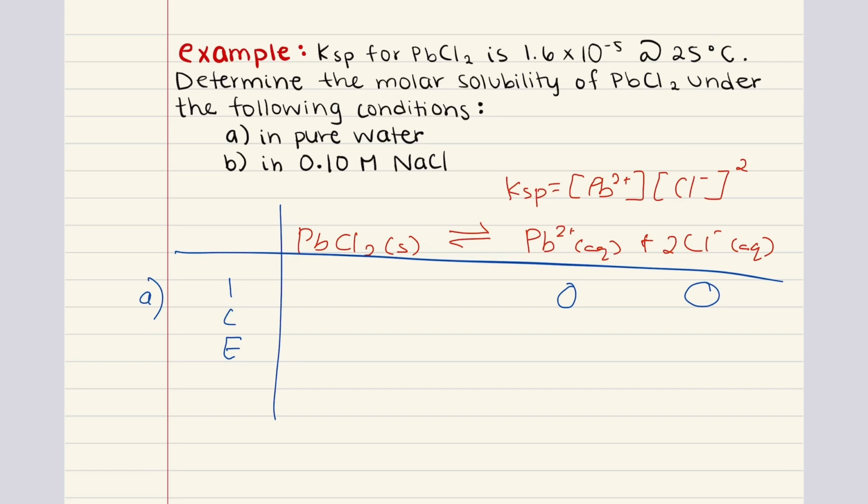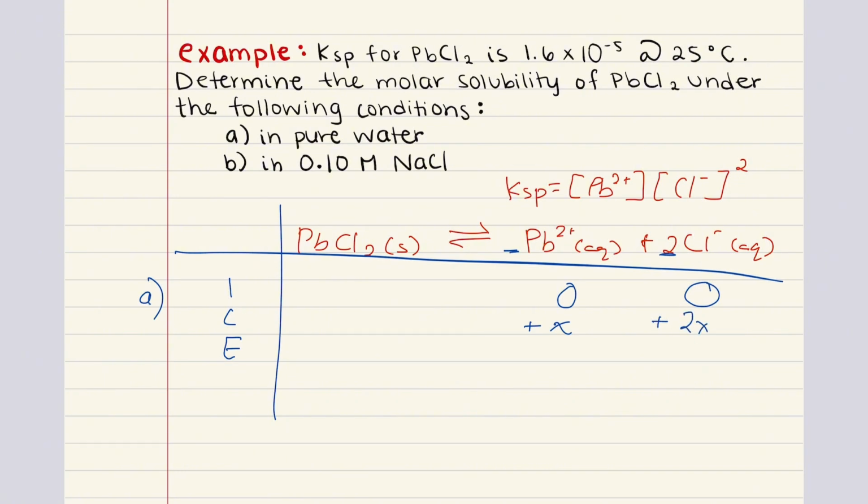Over time, lead(II) chloride dissolves to give us some concentration of Pb2+ and chloride ions. And here it's really important to note the ratio between these two ions. It's 1 to 2. So when we denote this change using the variable x, we want to use that ratio to express this change. So the change for Pb2+ is plus x, and the change in concentration for chloride ions is plus 2x.